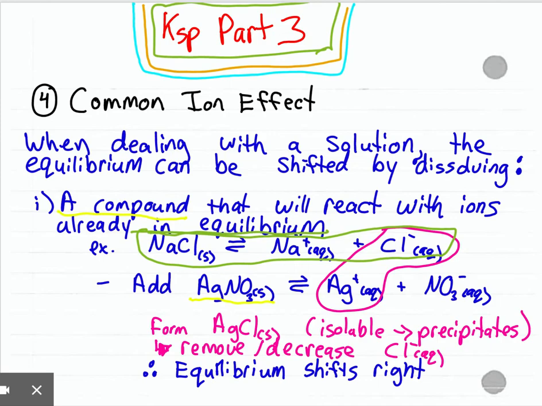So when the silver and the chloride combine in this solution, the silver chloride solid forms, and because it's insoluble, it makes a precipitate. By forming a precipitate of silver chloride, it's removing chloride ions from the equilibrium.